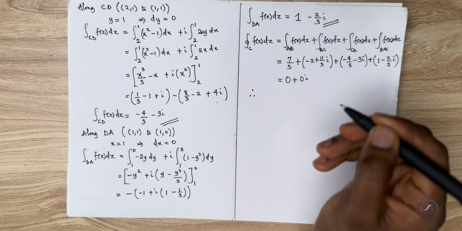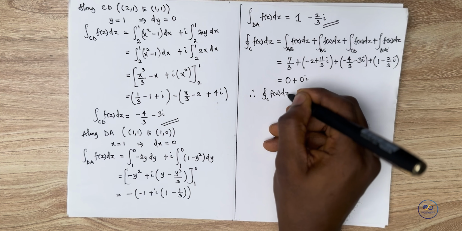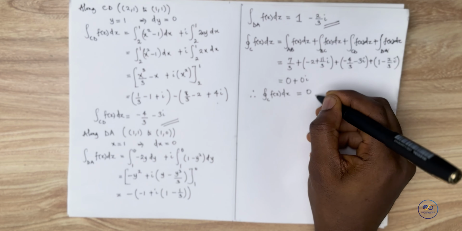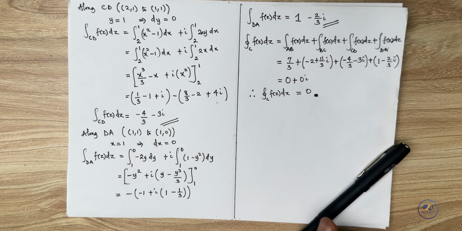Thus, it means that the integral of f of z dz is indeed 0. And this indeed verifies that Cauchy's theorem holds true for this function that is evaluated around the square.